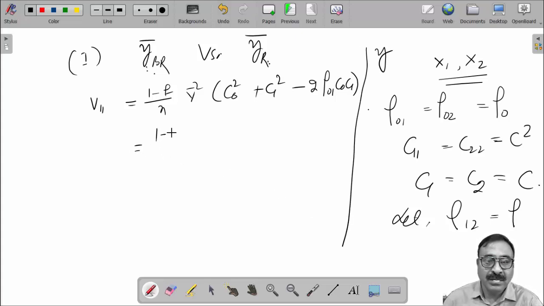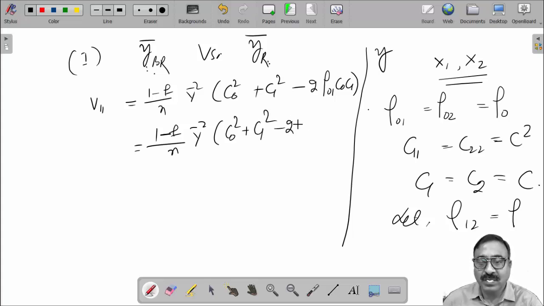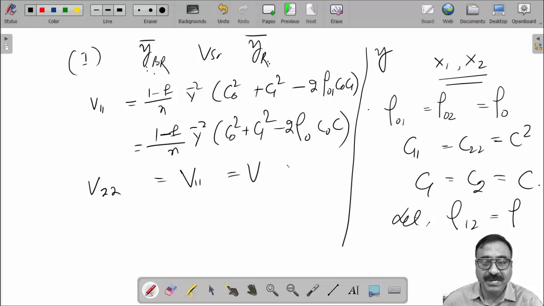So that is equal to 1 minus f by n Y bar square times C0 square plus C square minus 2 rho 0 C0 C. Similarly V22 is also equal to V11, that is equal to V.